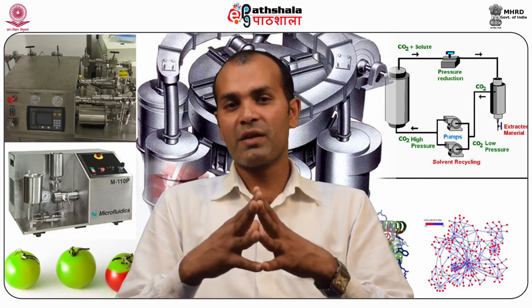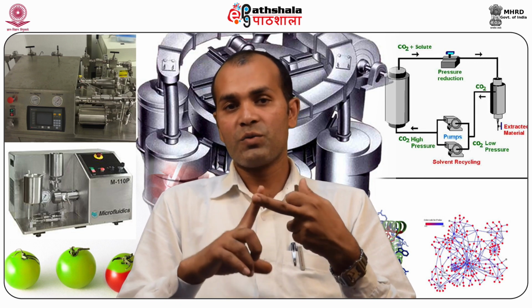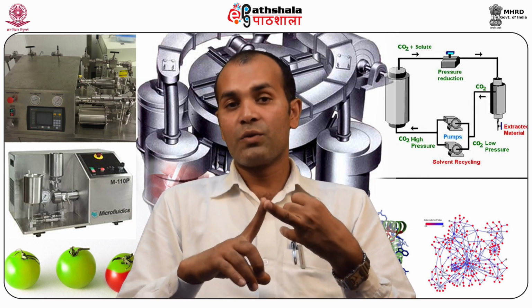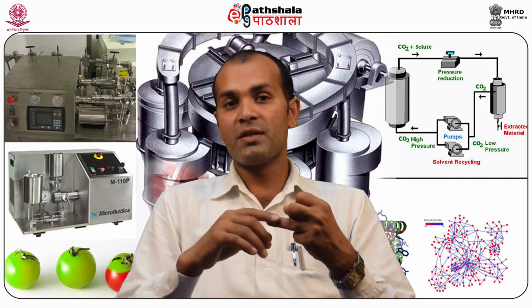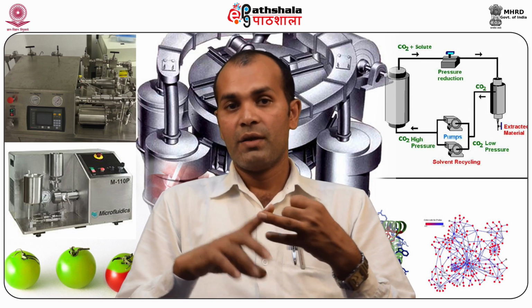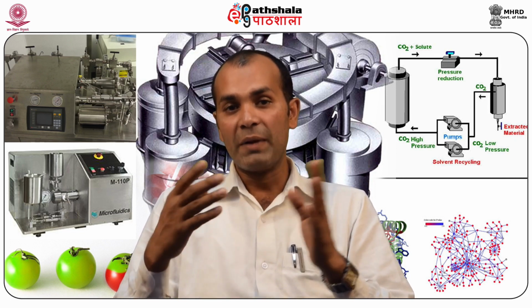If you just want to go in brief over the major applications of these membrane processes, then reverse osmosis is normally used for the concentration process. NF, also known as the loose RO process, is used for concentration as well as fractionation, because here we are removing different salts, so it is a demineralization process.